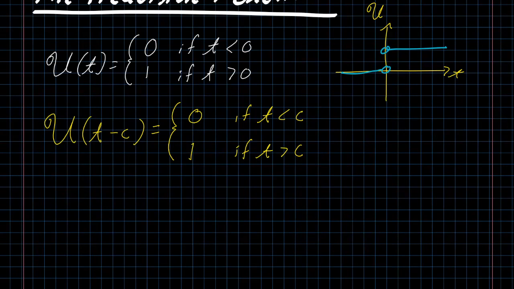That definition is just because the Laplace transform doesn't behave well around negative values. The other thing that you'll often see, my function is not defined at 0, or when t is equal to c for the second case. Sometimes you'll see the Heaviside function with one or the other endpoint being defined.